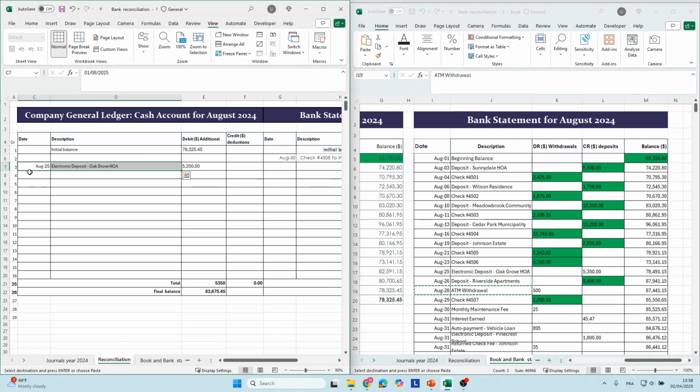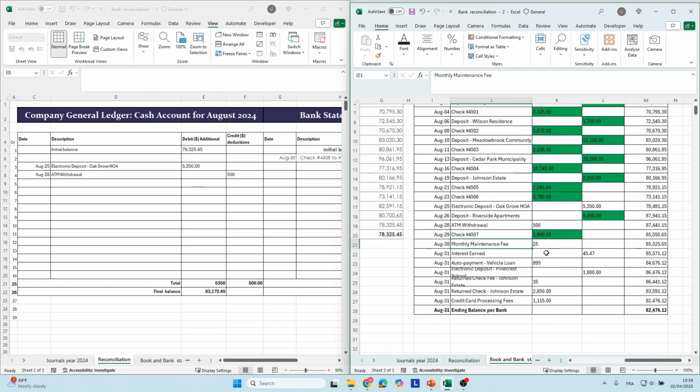I will copy paste. Then I will put the amount in the credit because here we have a 500 withdrawal made by the owner, but not recorded in the bank. So it will deduct our balance.